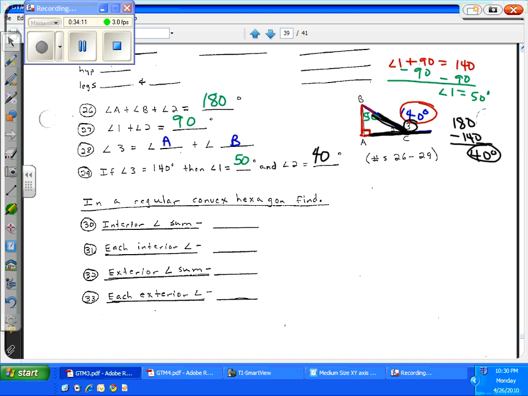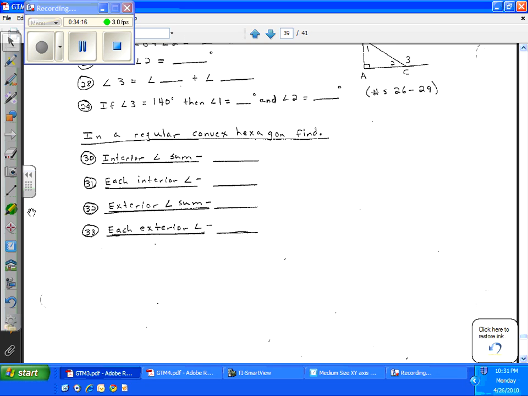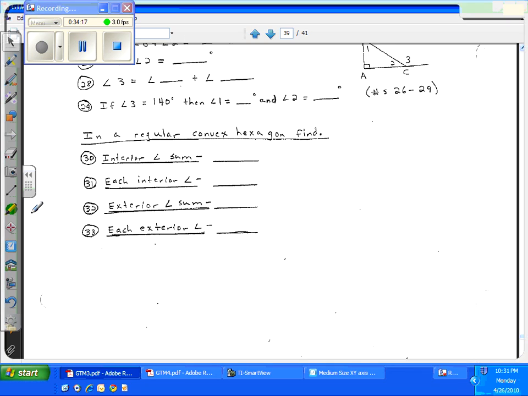Okay. Numbers 30 to 33. We're talking about a regular convex hexagon. A hexagon has 6 sides.